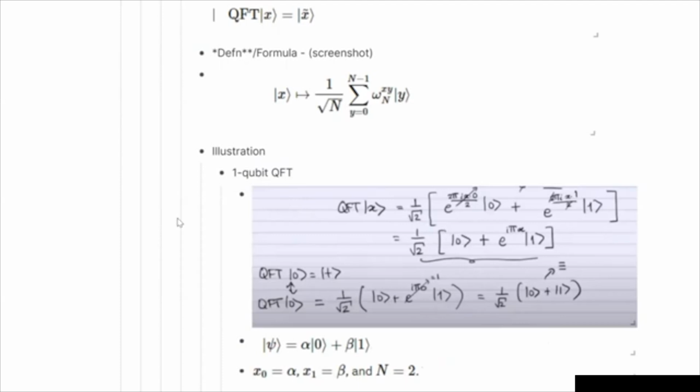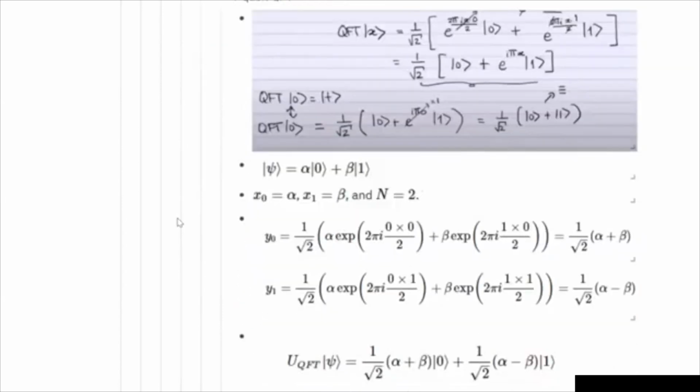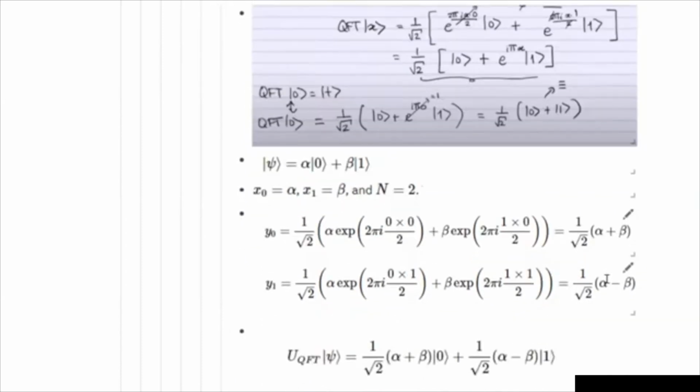According to our definition, x0 would be alpha and x1 would be beta, meaning the coefficients of zeros and ones. Again, capital N would be 2. Applying the same thing, we get that y0 is the plus state and y1 is the minus state.